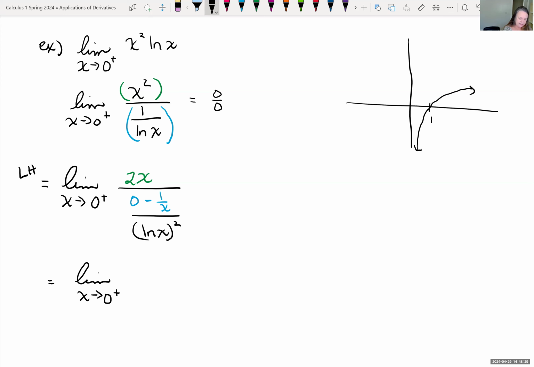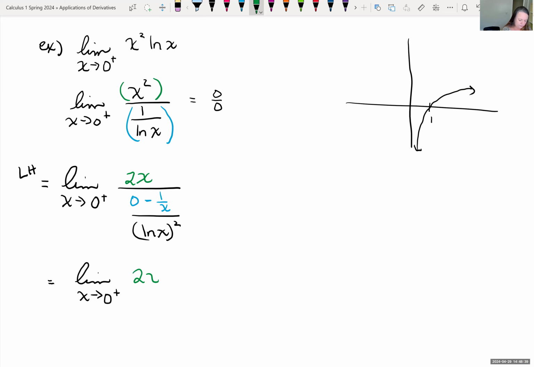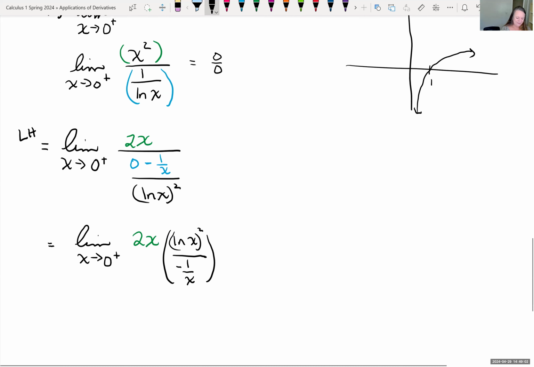The limit as x is going to 0. This is not looking very pretty. Let's rewrite this. This is the same thing as 2x divided by, which is the same thing as multiplying by the reciprocal, so natural log quantity squared all over negative 1 over x. Which technically I can flip.